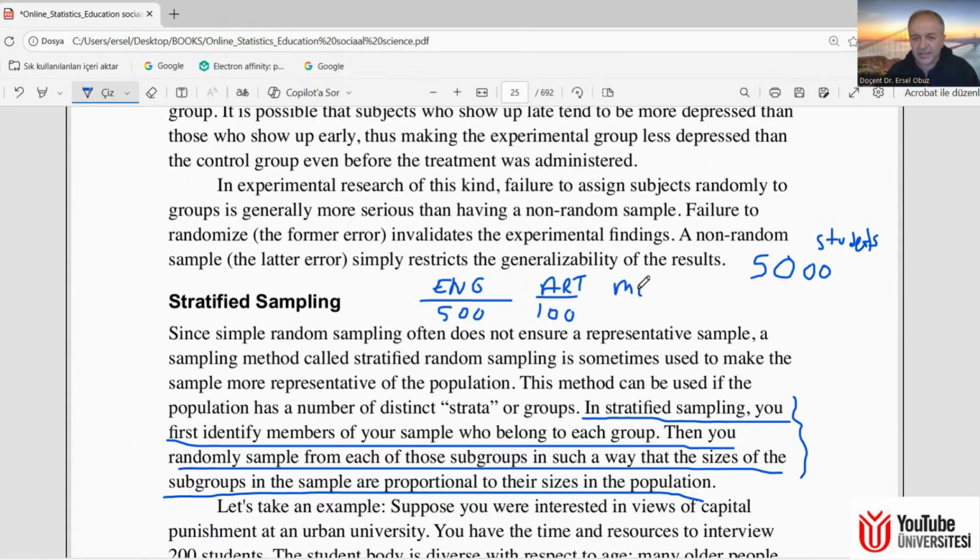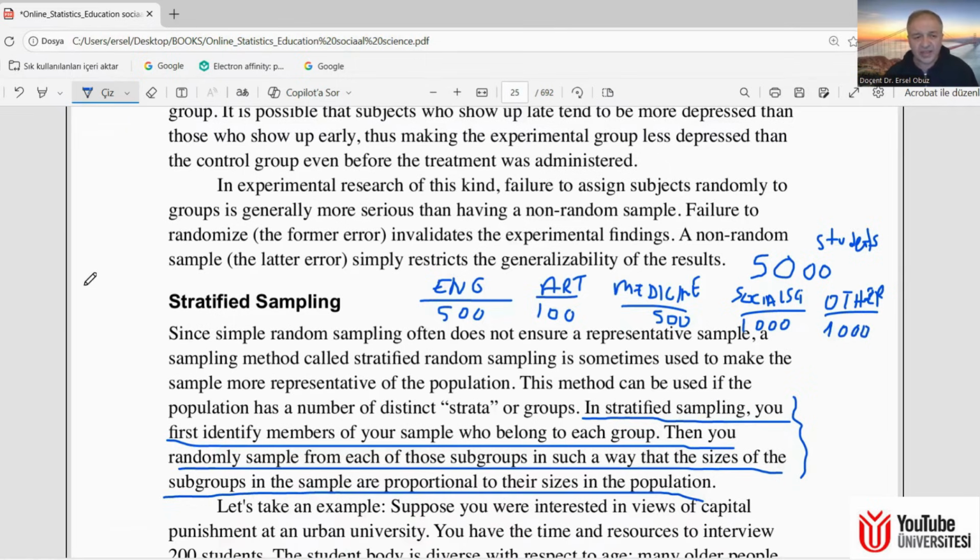Medicine, let's assume we have 500. Then social sciences, let's assume we have 1,000 students, and then another department, let's call it other college, and we have 1,000 people.